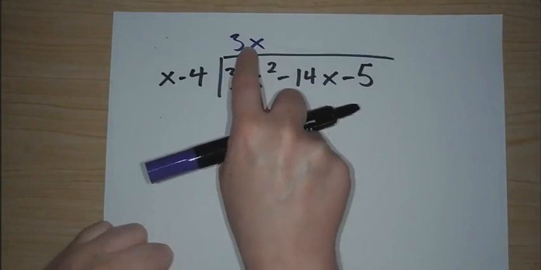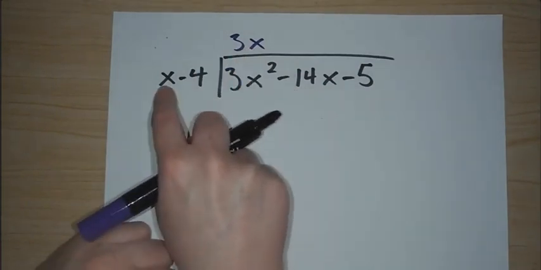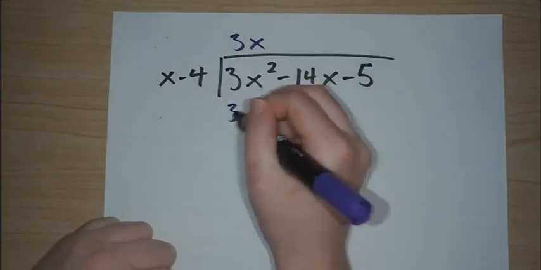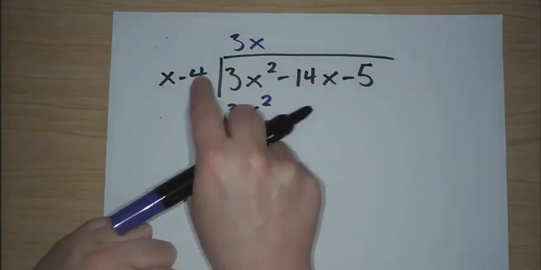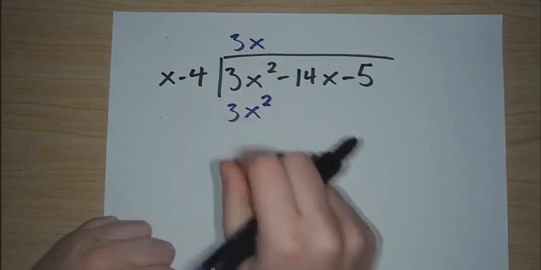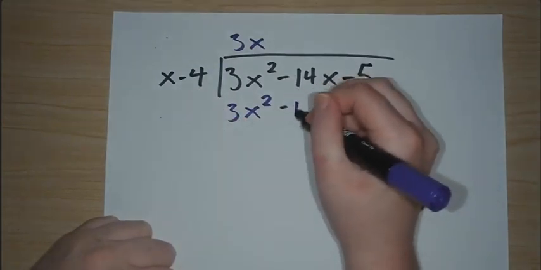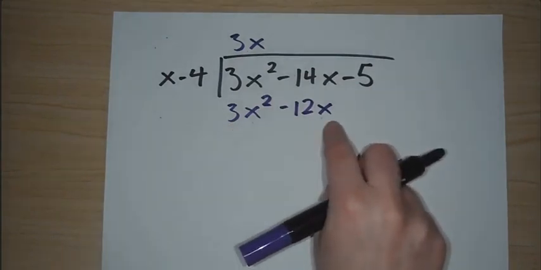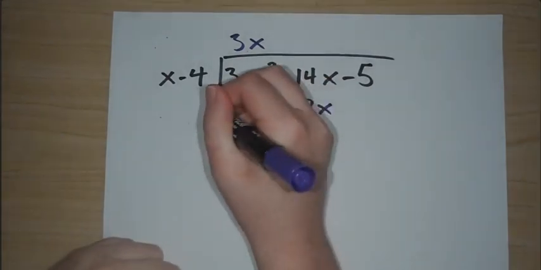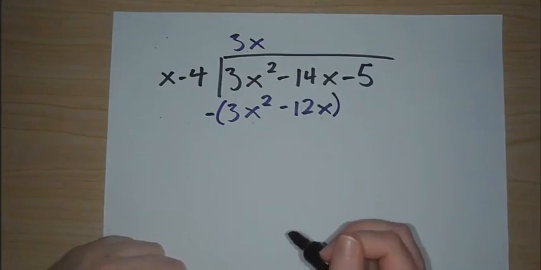So we have this 3x, we're going to multiply this 3x by this x, which will give us our 3x squared. And then we're going to multiply this number by this negative 4, which is going to be negative 12x. So we have this number right here. We're going to subtract all of it.